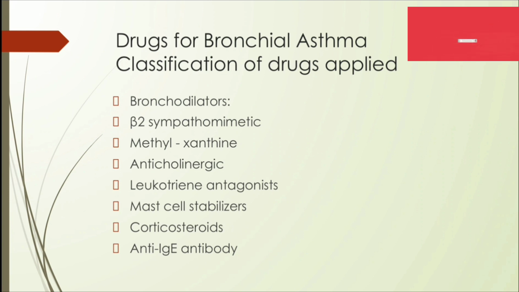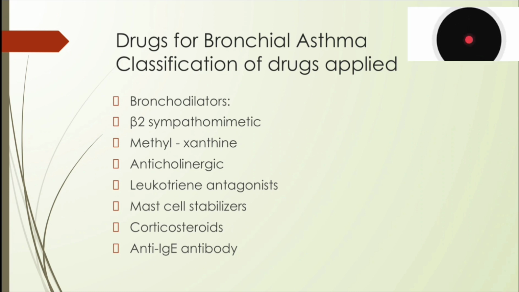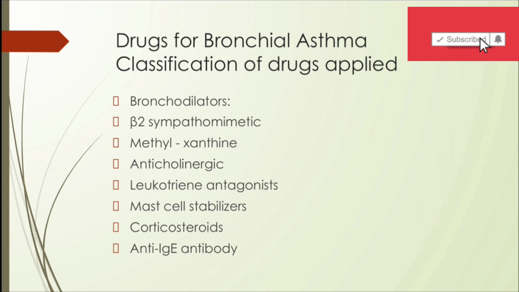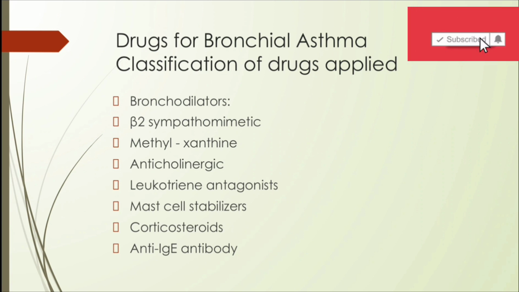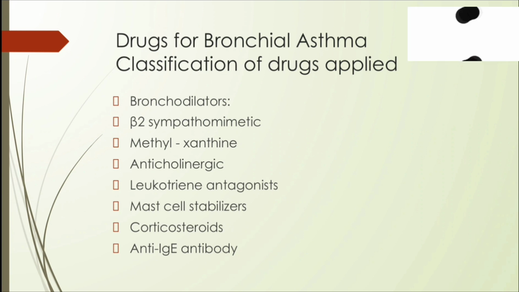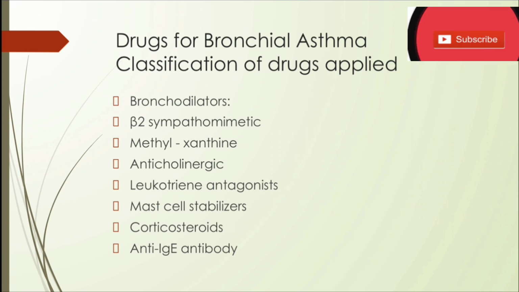Corticosteroids again have two parts, systemic and inhalational dosage forms. In the systemic, we will see hydrocortisone, prednisolone, and others. And in inhalation, beclomethasone dipropionate, budesonide, fluticasone propionate, flunisolide, and ciclesonide also we will see.